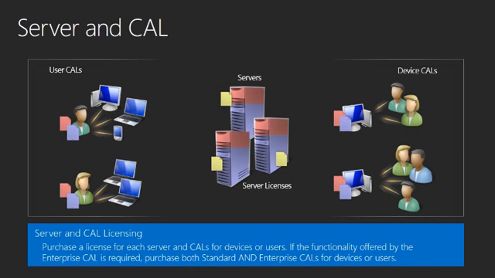The enterprise CALs can't stand alone, they have to be added onto the standard CALs. So there's the summary at the bottom of this slide, but you can see now why we needed to remind ourselves of the functionality of Exchange Server. So let's take a look at what extra functionality the users get if they add on those enterprise CALs.